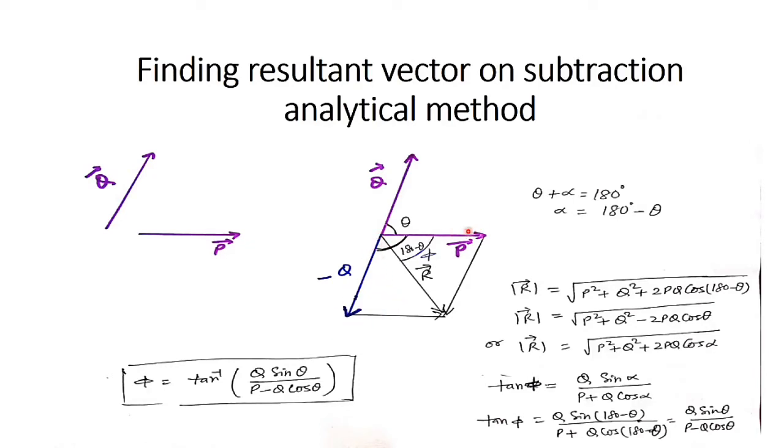If the angle between p and q is theta, then the angle between p and minus q will be equal to 180 minus theta. One method is to go with 180 minus theta, or another is to suppose this angle alpha is equal to 180 minus theta, and then I can give my result in terms of alpha also. That will be a simple method using the parallelogram law.